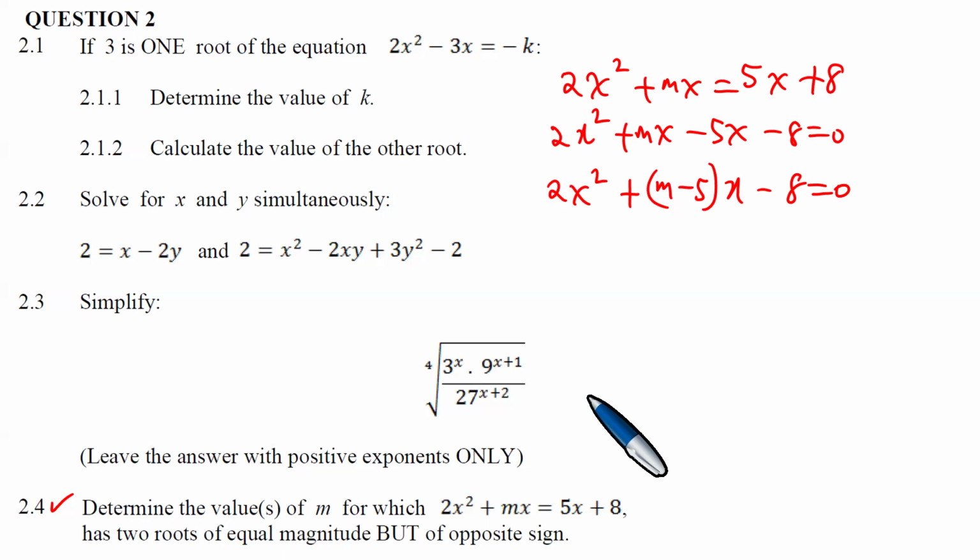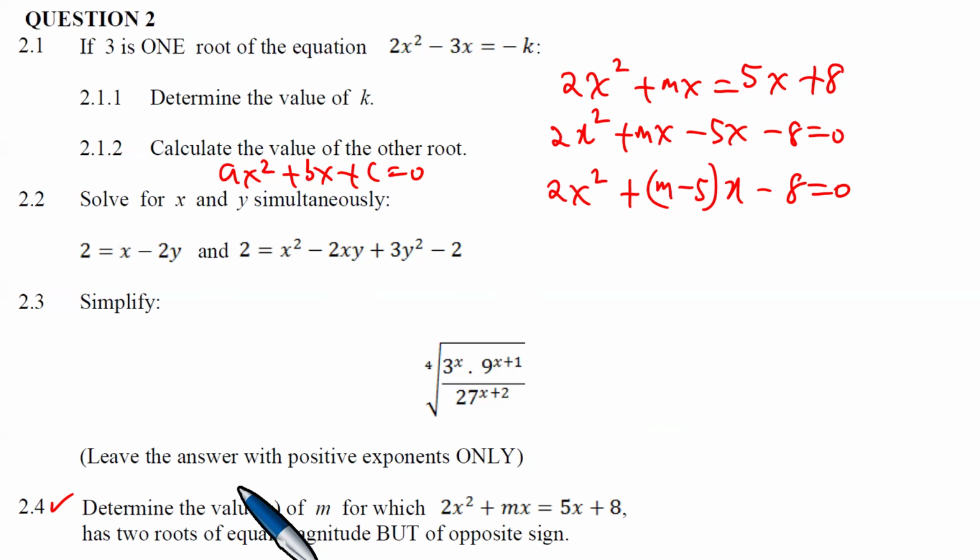Please let us know what we need to do here. Do we write it in standard form? Yes, we've written it in standard form because standard form means that it is of the form ax squared plus bx plus c equals 0, and it is the form that we have.